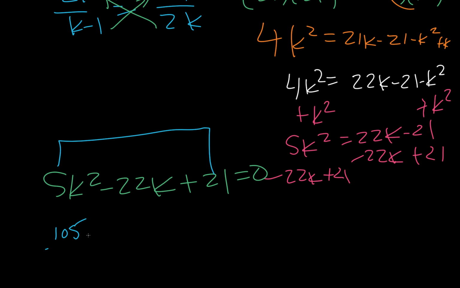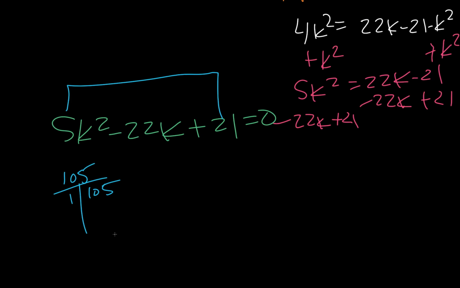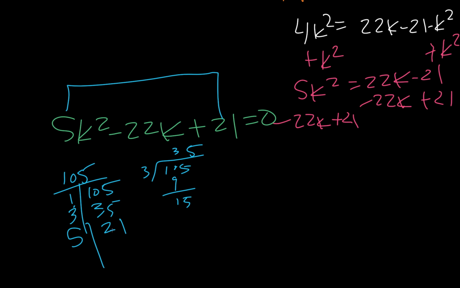So we have 105 is the number we're checking. 1 and 105. 2, 3. Let's see, does 3 work? 5, 6. So 3 works. What is 105 though? Okay, so it's 35. We know 5 works. That's 21. We still can't make this 22, so we gotta keep going.